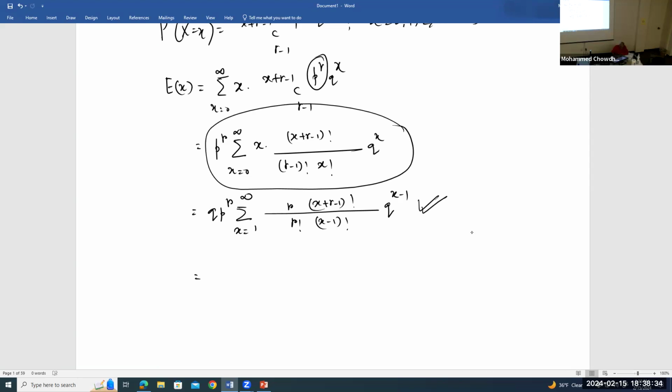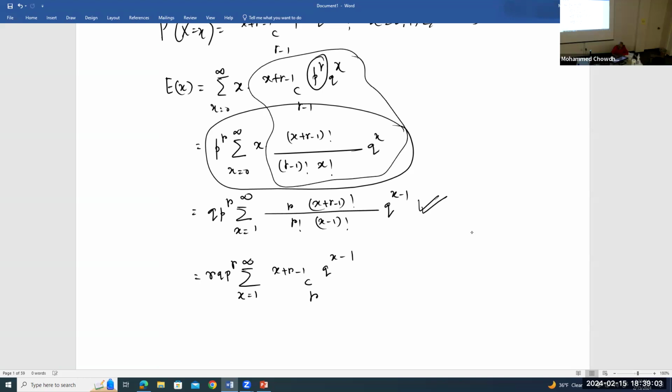So now this could be written as r q p to the power r, and it takes value x equal to 1 to infinity, and it could be written as (x plus r minus 1 choose r) q to the power x minus 1. The way we came from here to there, with some mathematical manipulations, these things could be written that way.